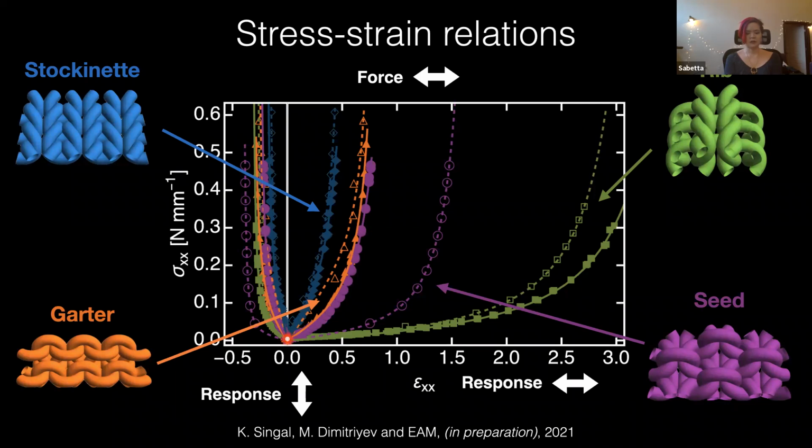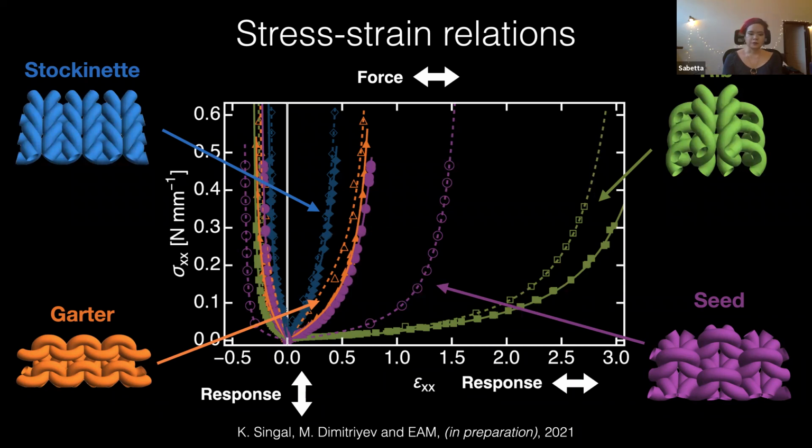We end up with a linear regime, and then that transitions into a strain stiffening regime. So we're mostly going to be focusing on the linear regime down here, which is where we believe topology controls our results.